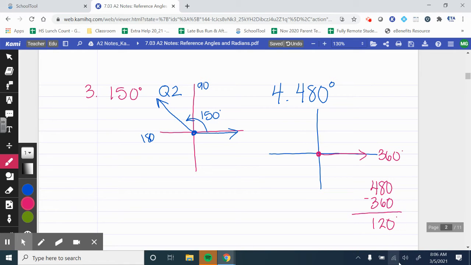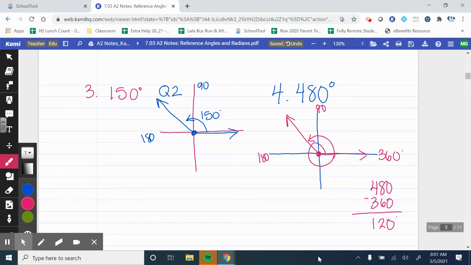So we know we're going a full 360 degrees. To show that, it's almost like a little swirl. So you start at your initial side, you go a full 360 degrees, and then an additional 120. Remember, this is 90 and 180. So now we're going to go 120 degrees.